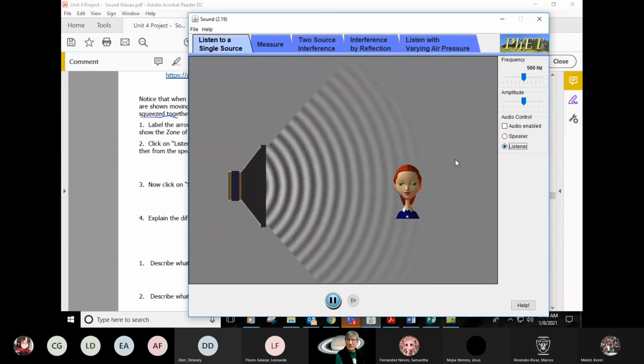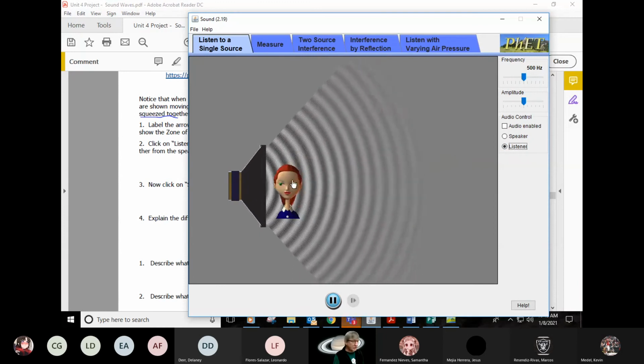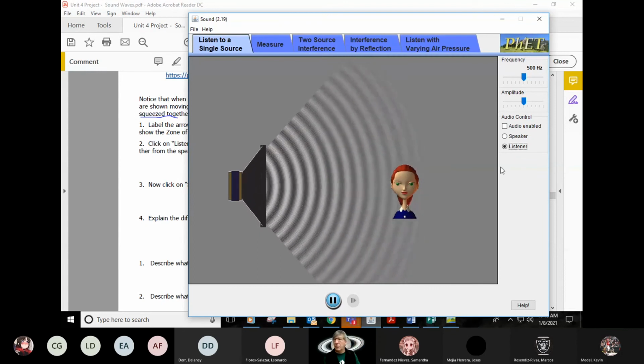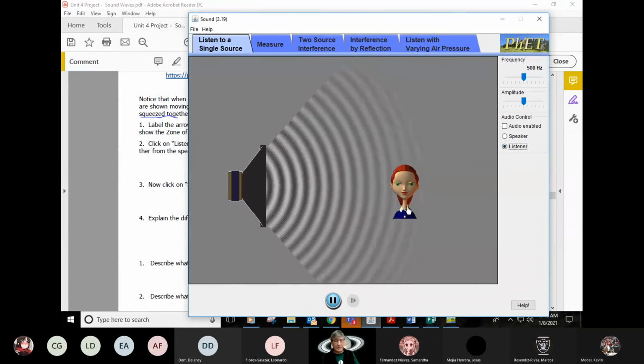Here we go for question 2. Did we hear a change when we move her back and forth for question 2? You should hear it getting louder, and then you should hear it getting quieter. For question 2, when I've clicked listener, the microphone is on her.